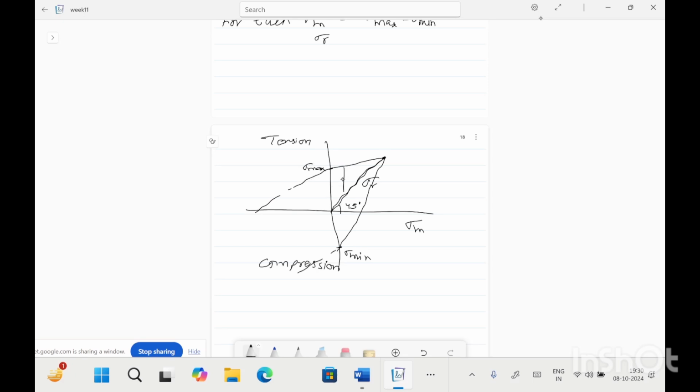The difference between this can be written as the sigma alternating stress, and the difference between these 2 points can be written as sigma r. This is sigma max and this line is for sigma minimum.